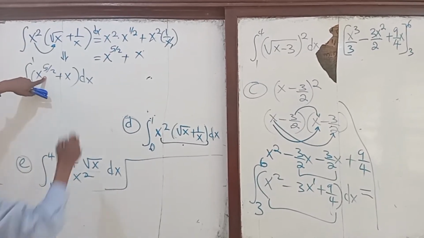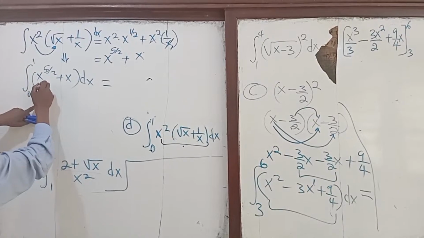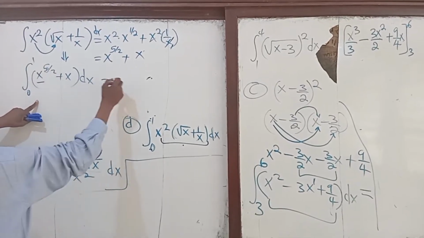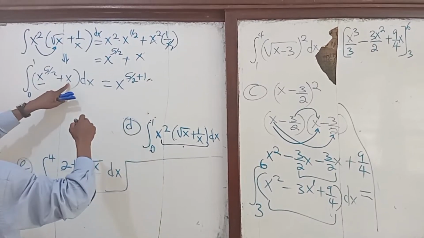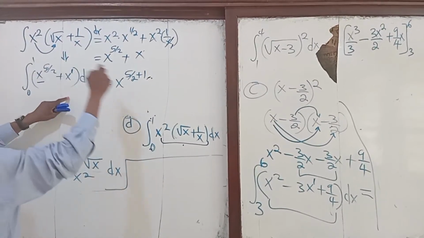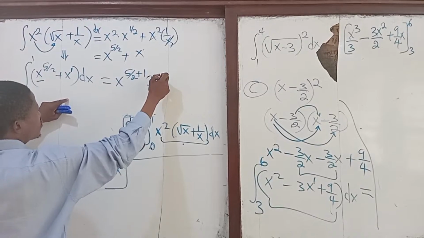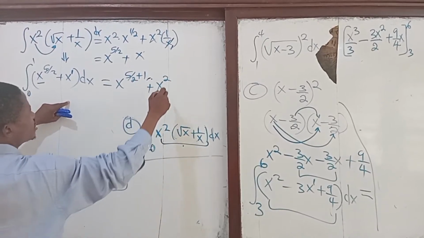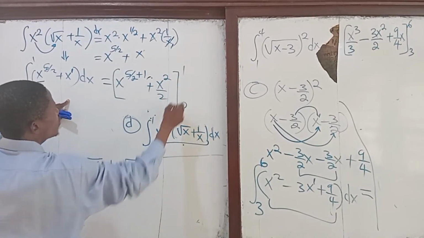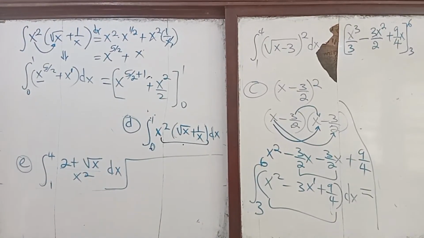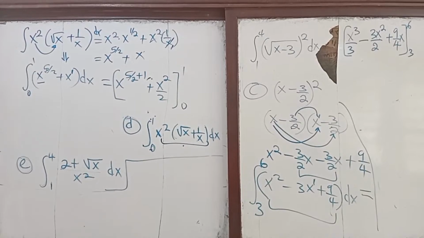Okay, and that will be equal to what? Integral of x to the power 5 over 2, the power plus 1, 5 over 2 plus 1. This one is having power 1, so plus 1. So that's x to the power 2 over 2. Okay, then indicate your upper and lower boundary.